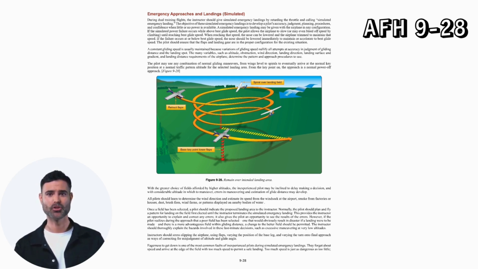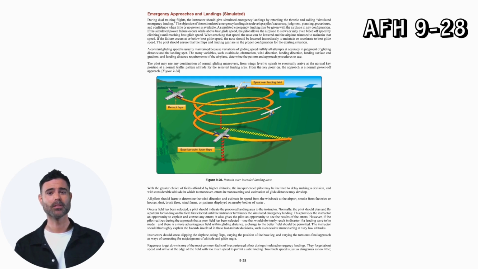The pilot should ensure that the flaps and landing gear are in the proper configuration for the existing situation. A constant gliding speed is usually maintained because variations of gliding speed nullify all attempts at accuracy in judgment of gliding distance and the landing spot.